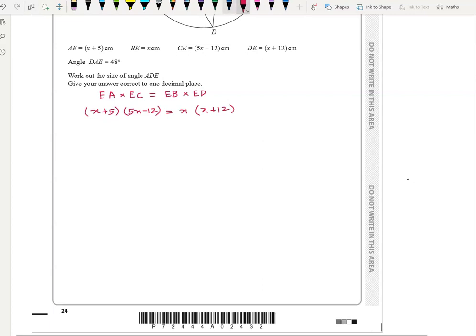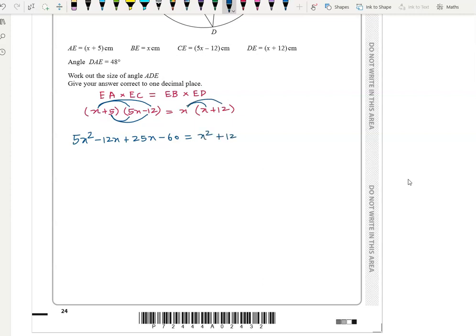When you multiply x with 5x, you get 5x square. x times minus 12 is minus 12x. 5 times x is 25x, and 5 times minus 12 is minus 60. Right hand side, x with x will give you x square, and x with 12 will give me 12x.